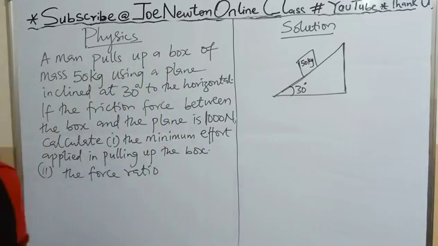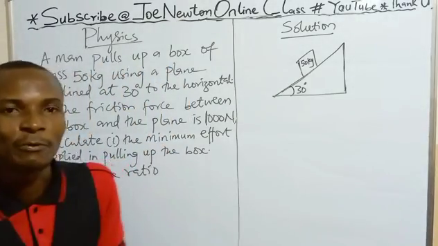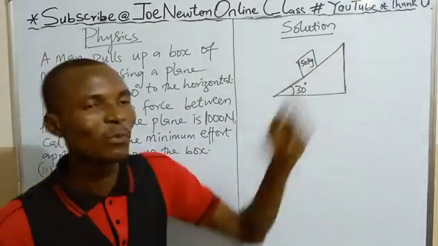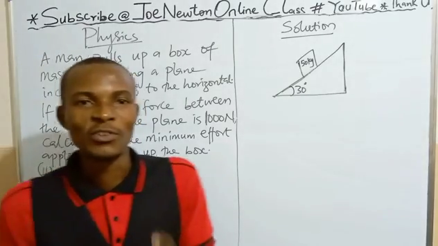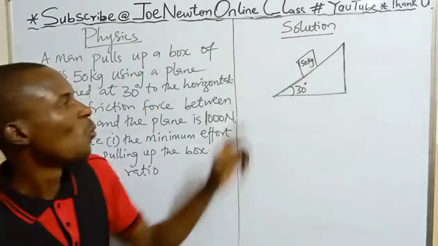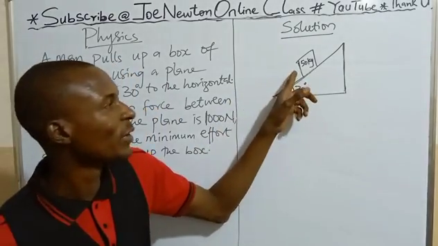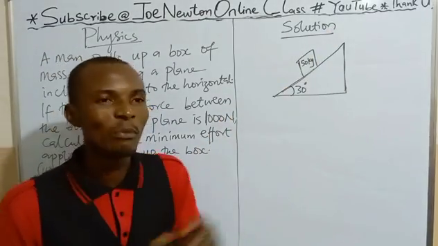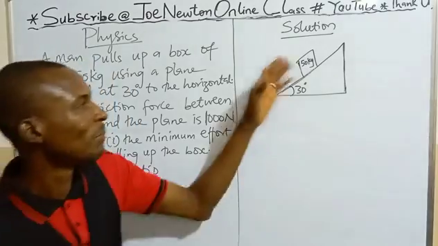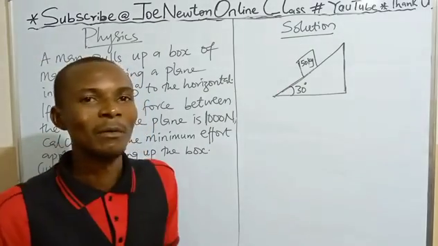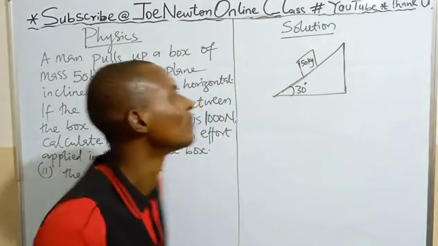Now, to obtain the minimum effort applied by this man in pulling this box upward, we have to consider the frictional effect and the force due to the weight of the body along the plane. Because this body has a component of its weight along the plane, by vector resolution.